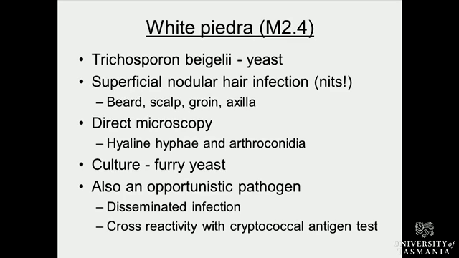So it's quite straightforward to see it. If you culture it, lovely white yeast that goes furry. As an organism, this can also cause widespread full-body disease, but only if you're severely immunocompromised. So, really a separate issue altogether.